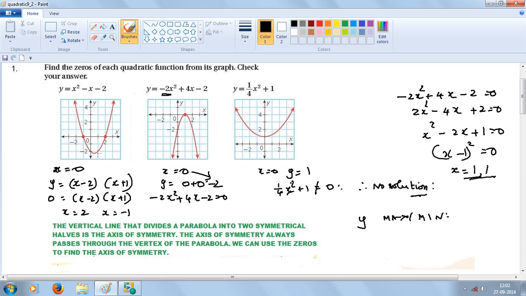In the first case you see, this is minimum, the value of y is minimum. In this case, the value of y is maximum, which is 0. The third case, the minimum value of y is here. Minimum value of y is 1. And that is the vertex.